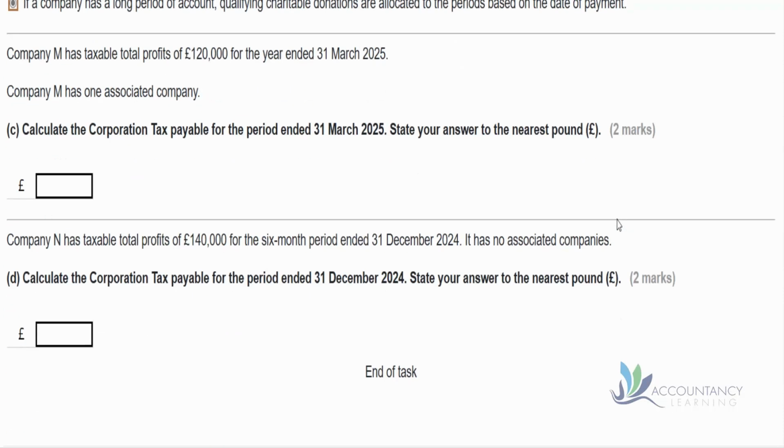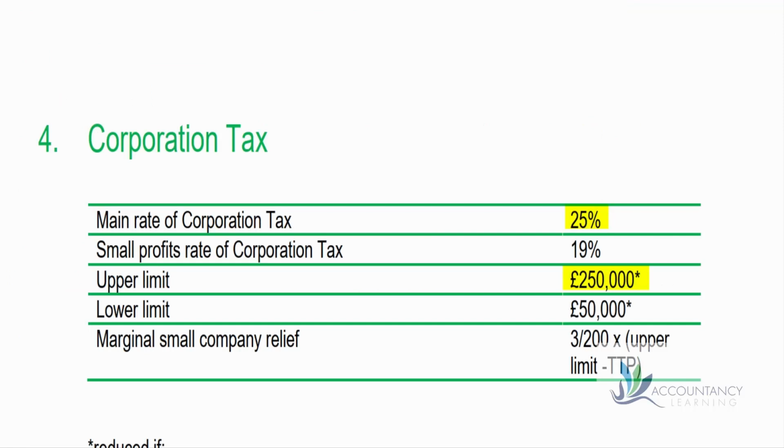Okay, let's move on to part C. Company M has taxable total profits of 120,000 for the year ended 31st of March 2025. Company N has one associated company, and we need to calculate the corporation tax payable for that period. So we've got that 120,000, and we can see that this is below the upper limit of 250,000, and that means we need to apply marginal small company relief.